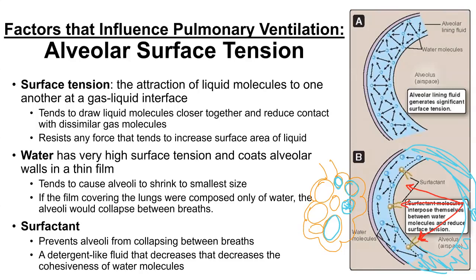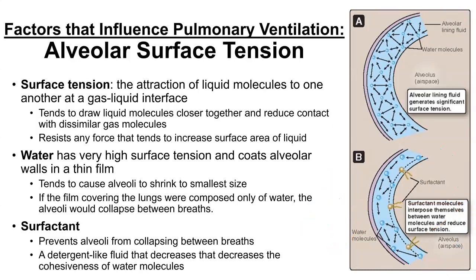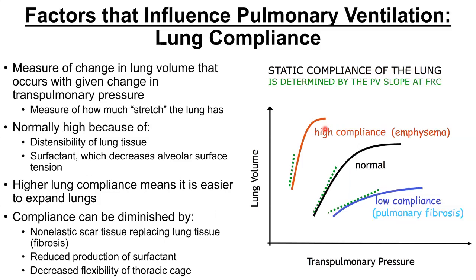Or rather, these nonpolar elements don't want to come near the water because they're hydrophobic. So that keeps the water apart from one another in this circular type of environment of the alveoli, which then ultimately decreases the cohesiveness of the water molecules.